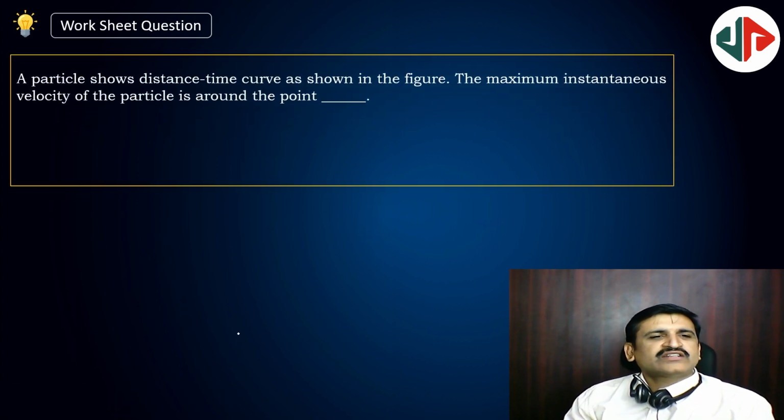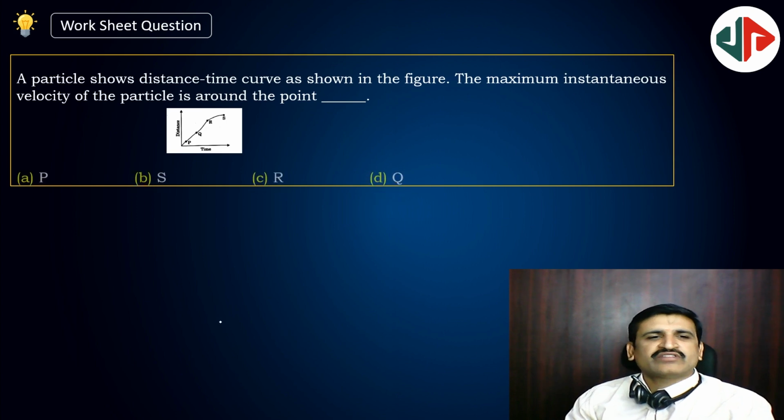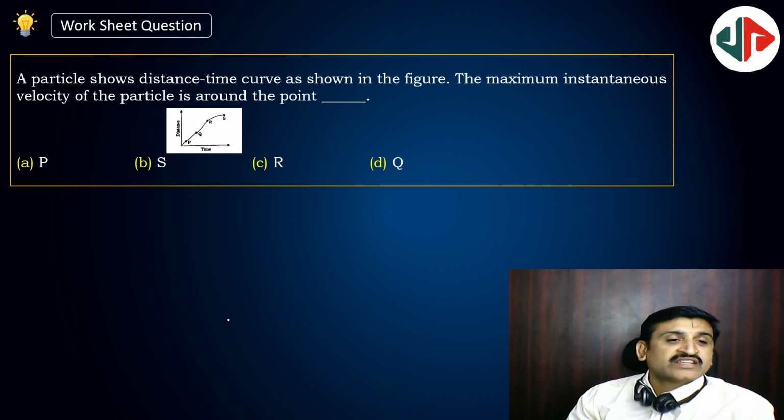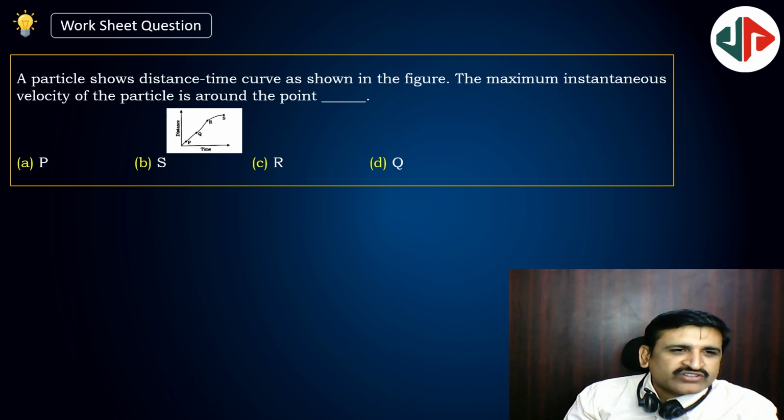A particle shows a distance-time curve as shown in the figure. The maximum instantaneous velocity of the particle is around which point? Maximum slope you have to check. If it is a correct curve, it should be QR, but after Q a slight bend is there. So it depends.